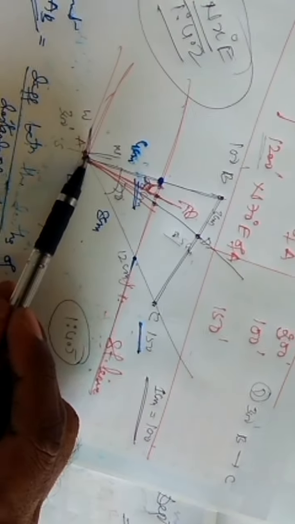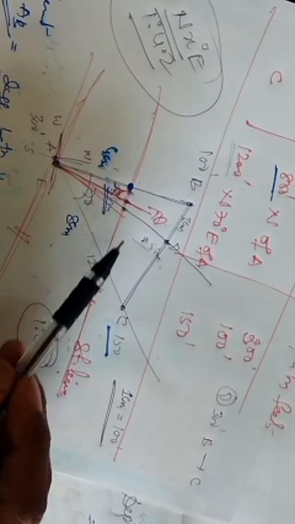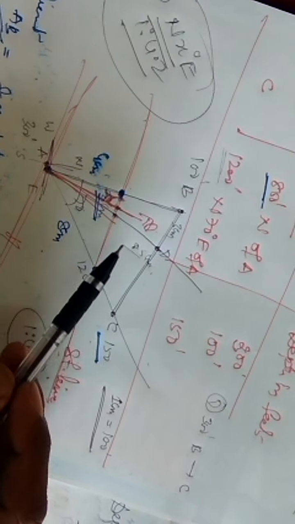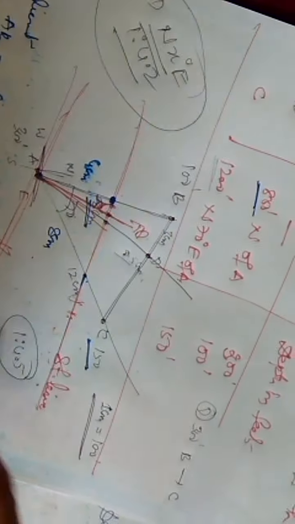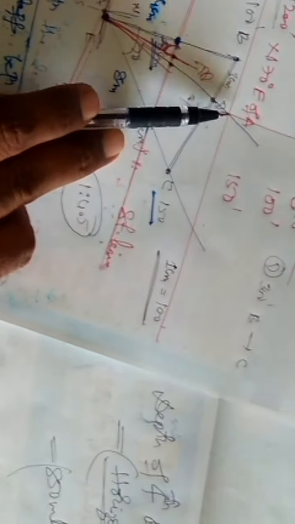Second, gradient. We have already seen how much distance it is from this point to this strike line. Somewhere it may be 4.5 or 4.2. You write down 1 divided by 4.5 like this. Then plus the depth of the connected borehole. This borehole is connected to the fourth borehole.